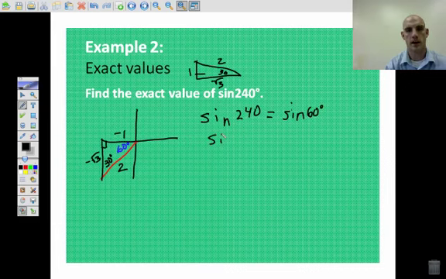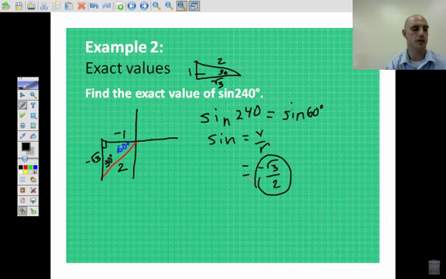Well, we remember that sine is y over r. And so I'm just going to plug in my value. So my y is -√3. My r is 2. So this is my exact value for sine of 240. Okay? That's kind of how that works. It helps us because it's easier. I didn't necessarily need to know anything about 240, but I can use those special ratios for 60.